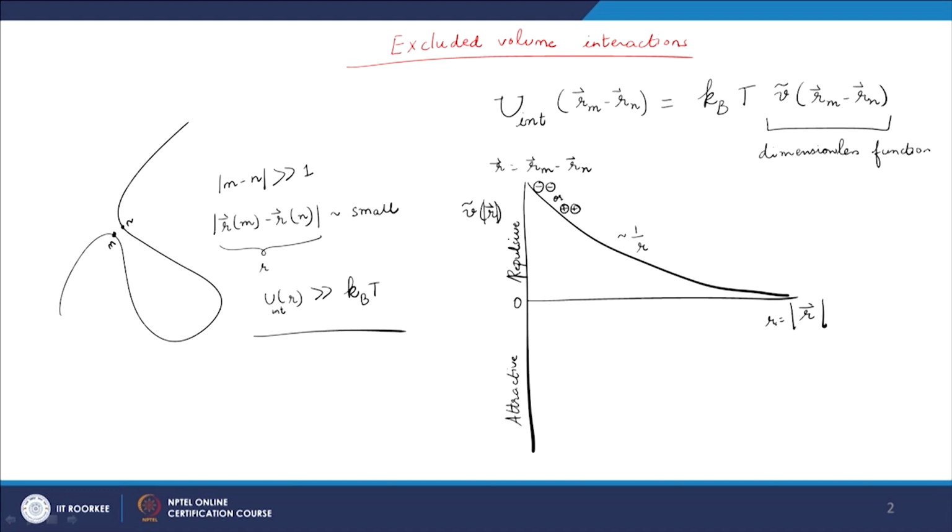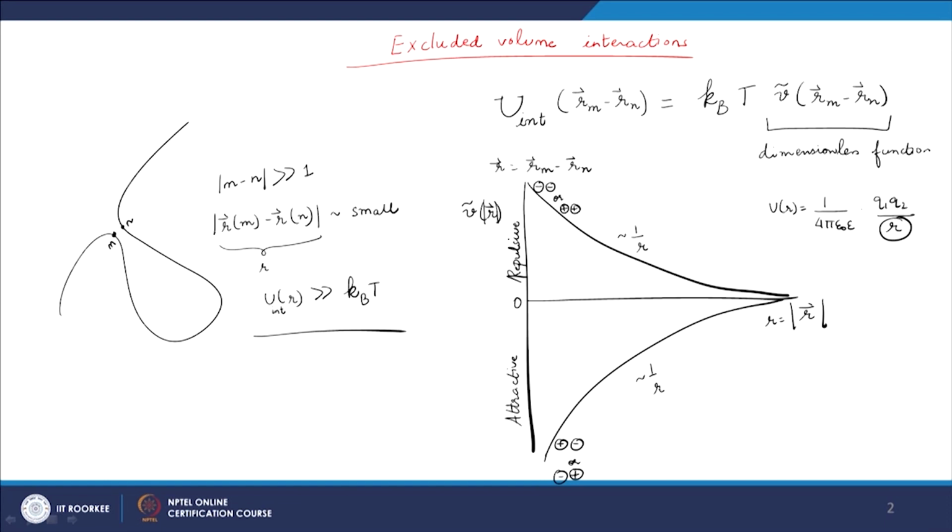The actual formula, just to recall, also contains some constants and the charges, but we are looking at how the interaction scales with R. Okay. Similarly, if it is attractive, it is like plus minus or minus plus, essentially the same thing. This also decays like 1 over R.